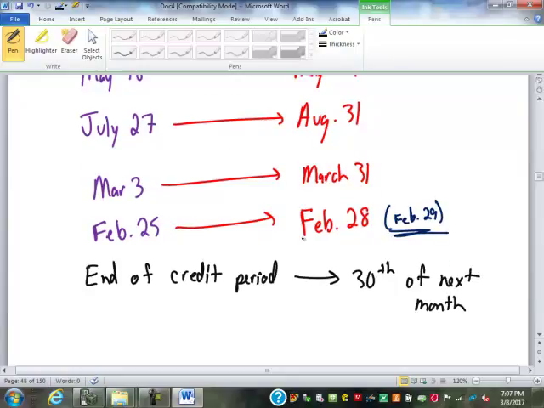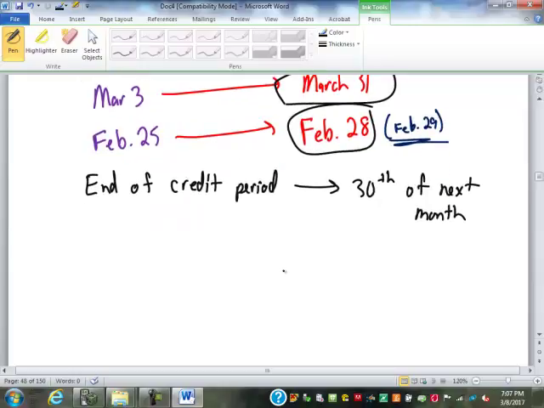Does that make sense? Well, it ends up being the same thing. The 30 days after this effective date would be the 30th of the next month, except for February, which doesn't get 30 days. I've never figured out why they don't just take a couple of those months that have 31 days and give February 30 days to make it equal out.